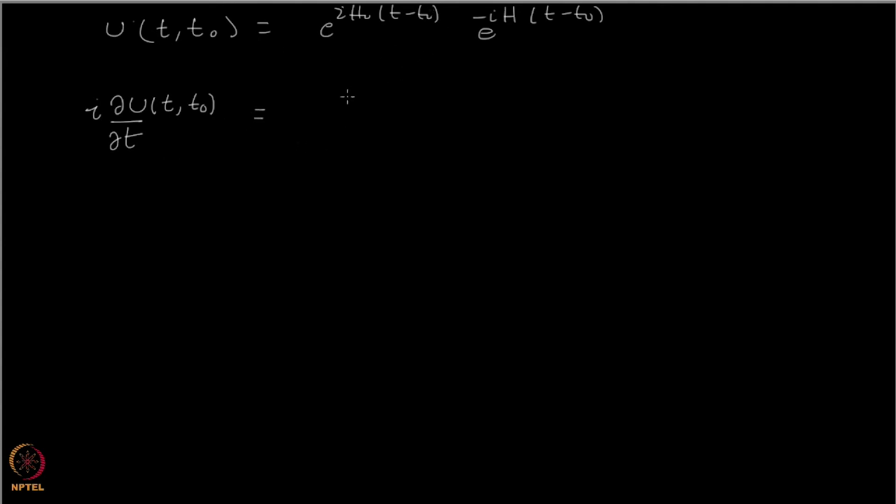So let's see what it gives. When I take a derivative here, it gives e to the iH naught (t minus t naught) times iH naught. I am differentiating this one, and I get this H naught. Now this H naught you can put on that side or this side, it doesn't matter, but it has to be before this factor, because they do not commute.